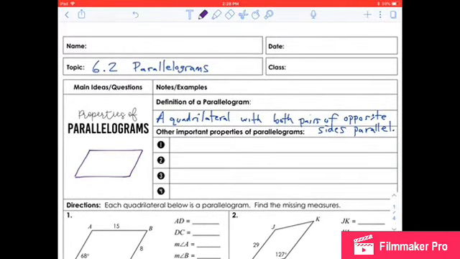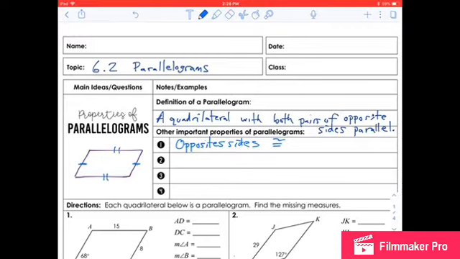So just going to show you each of them. Another thing you know about opposite sides is that they're congruent. Opposite sides are congruent, so this side and this side are congruent. This side and this side are congruent.